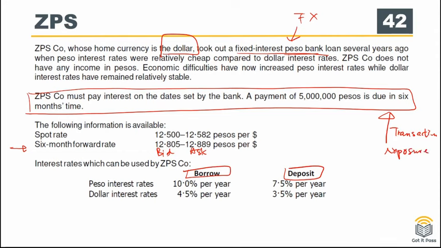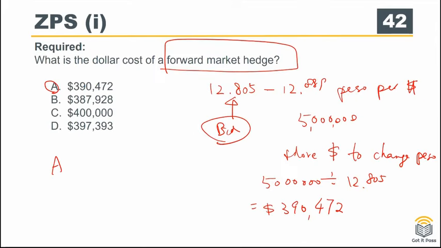Hedging instruments can be applied, for example the forward or the money market hedge, or other hedging instruments, to hedge the foreign exchange rate risk. The first requirement in this question asks about the forward market hedge.